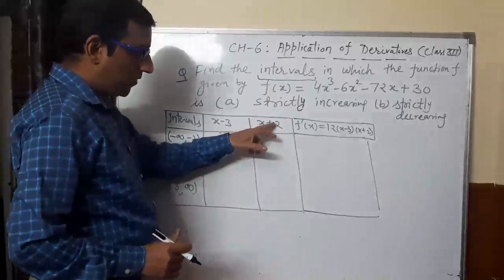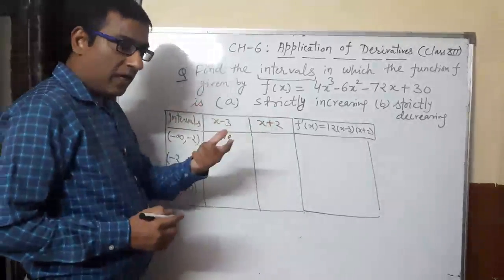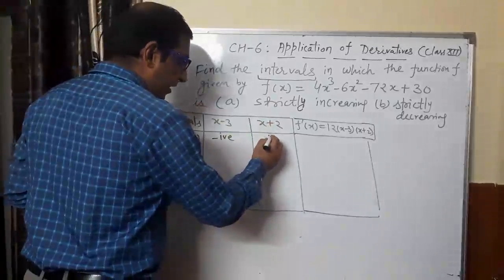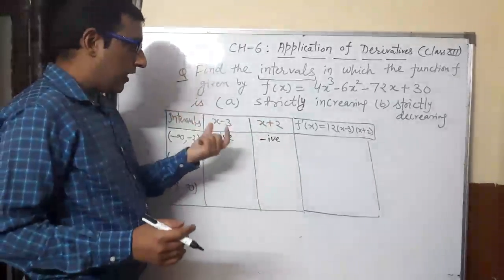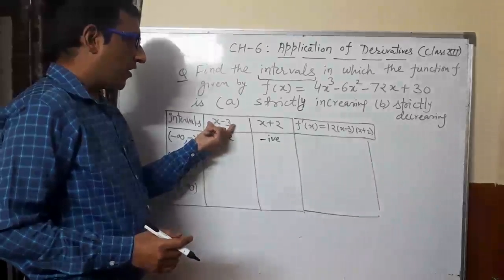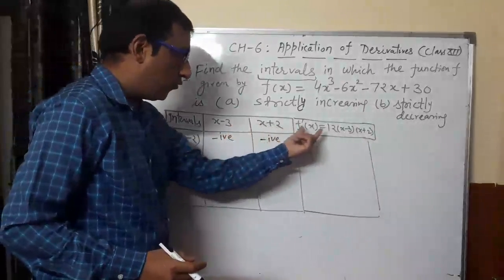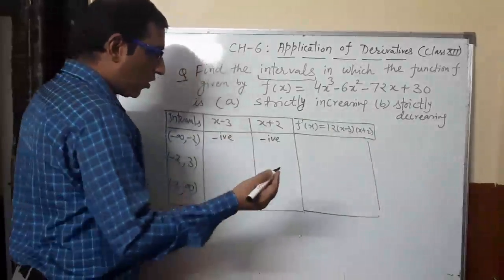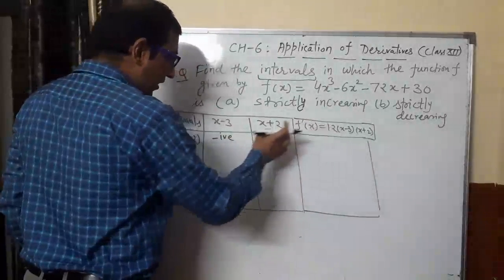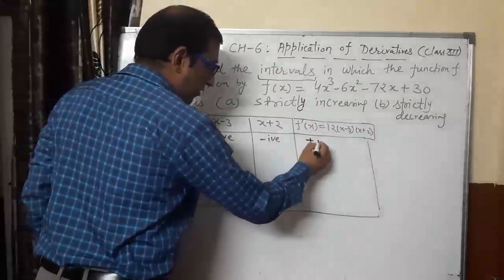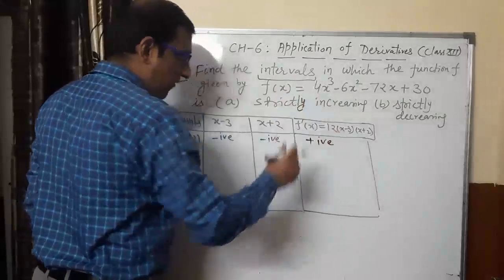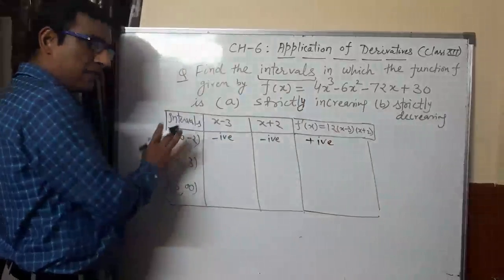And minus 3 plus 2 gives us minus 1, which is again negative. Now we put the signs of x minus 3 and x plus 2 in f dash x. So 12 times minus into minus becomes plus. So we will get a positive sign for f dash x in this interval.